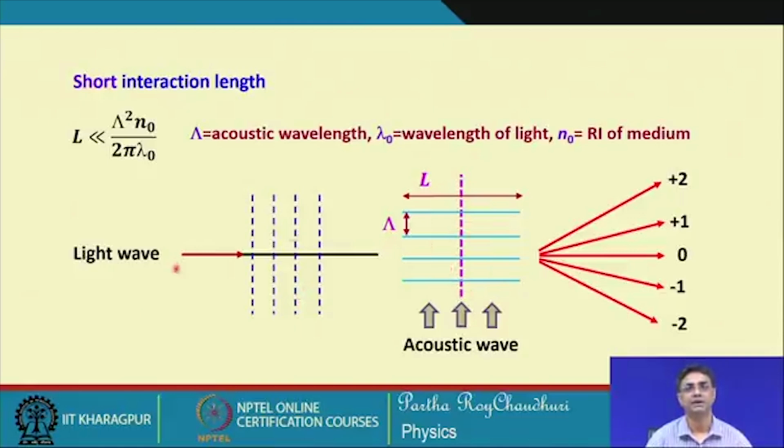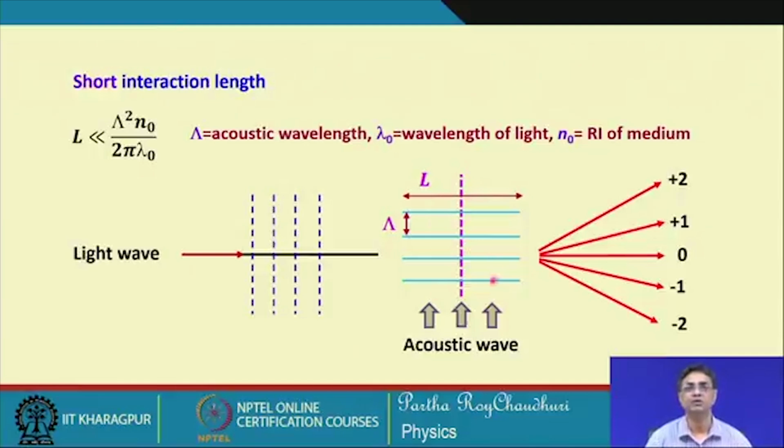So, effectively the light wave will see almost a stationary grating. The instant it hits the acoustic wave induced grating, it sees a fixed grating, and by the time the grating moves, the light wave has already interacted and moved out.